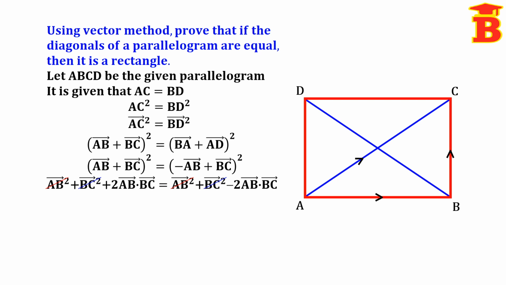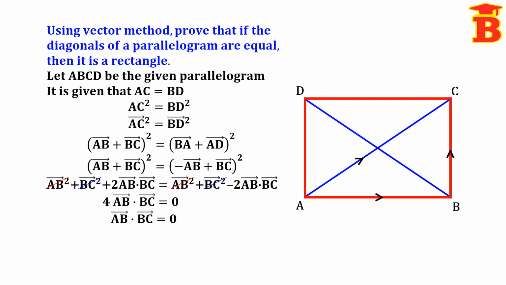Both sides we can cancel AB vector square and BC vector square. This minus 2 times, take it to the left side and add with this. So we get 2 plus 2, 4 times AB vector dot BC vector equal to 0. Equal to 0, that means we can write only AB vector dot BC vector equal to 0.